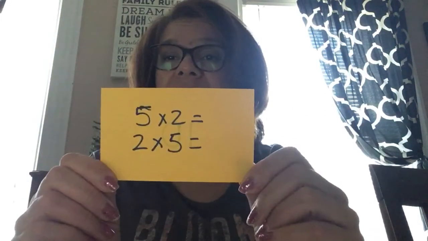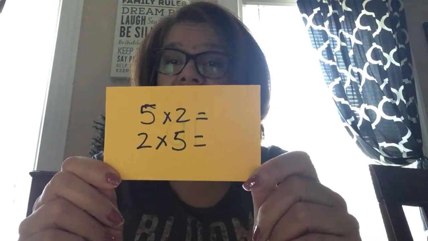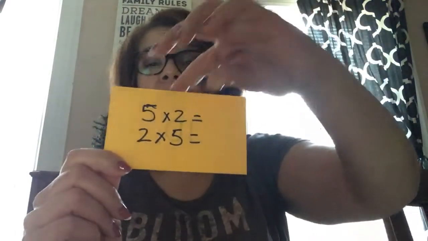And the last one for today, 5 times 2 is the same as 2 times 5. 5 times 2 and 2 times 5 both equal 10.